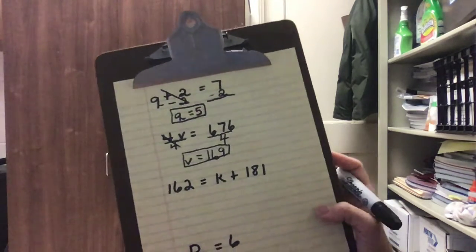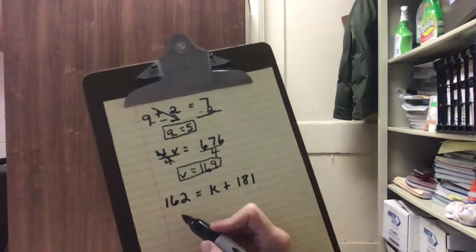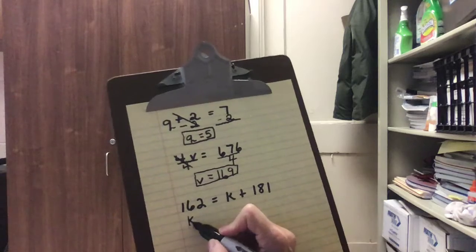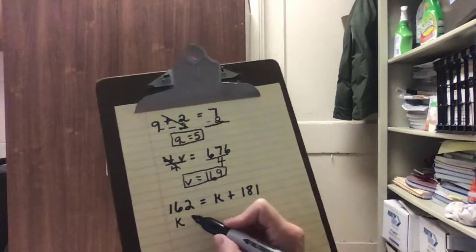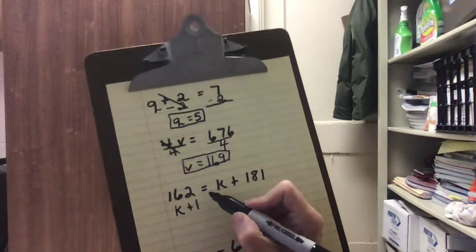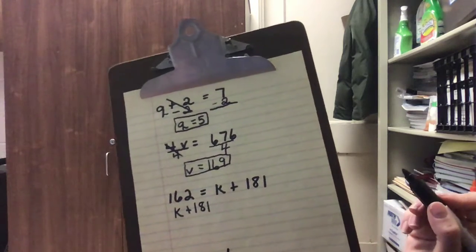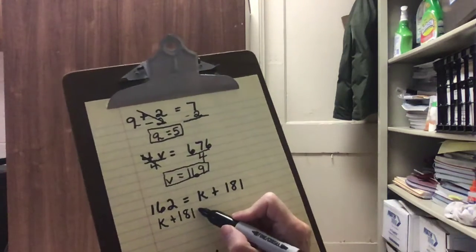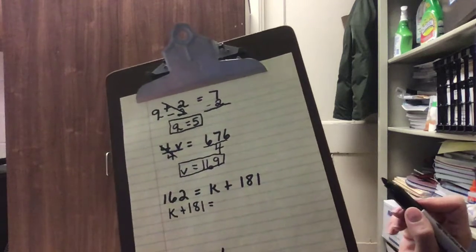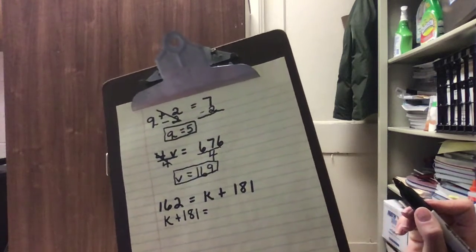Okay, so how we do that is we just rewrite it. You start with your variable k, bring down your plus 181. Okay, and the next thing that comes is your equal sign. And the next thing that comes is 162.